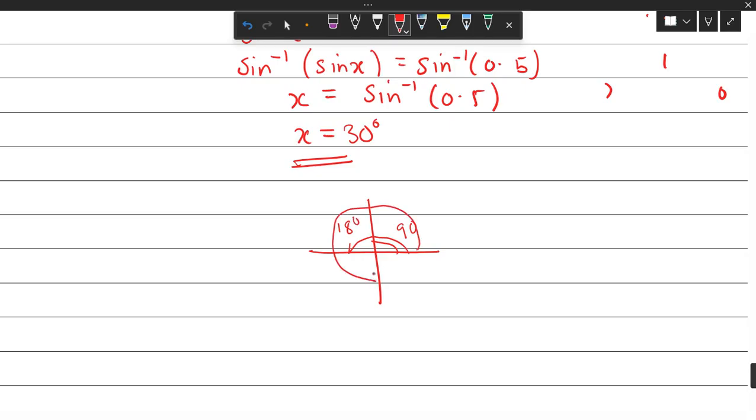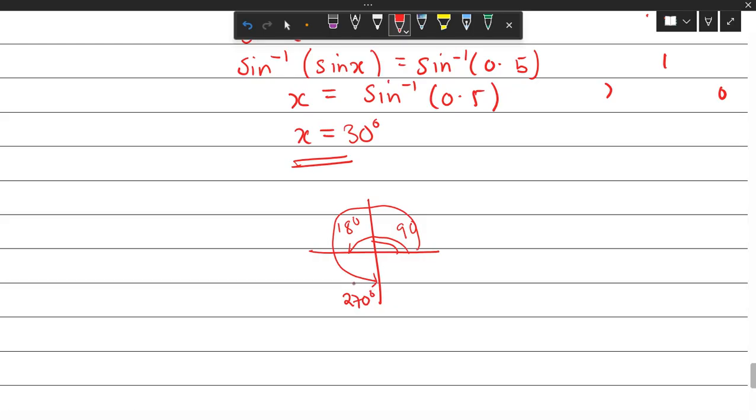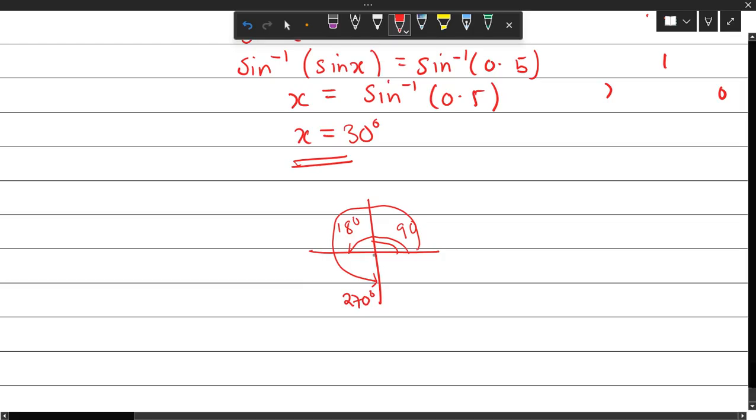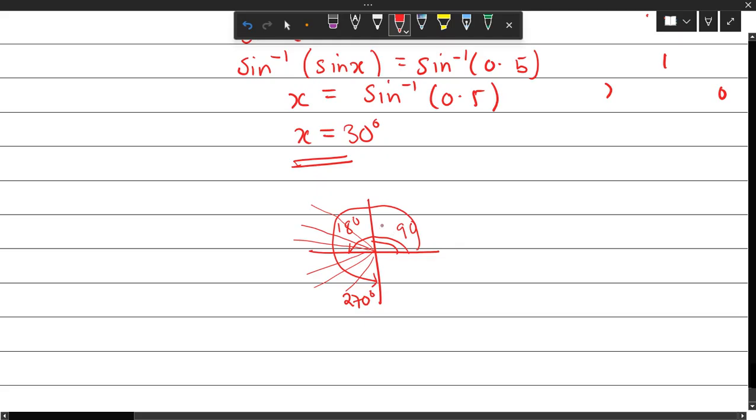And then this is 270. So 270, if you add 90, will be 360. So meaning our angle is within, it can be in the second quadrant or here. It has just to be in between 90 and 270.